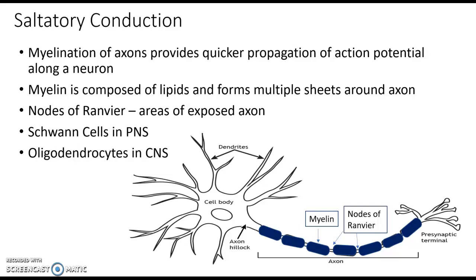It is a very large jump in speed and allows for very quick transmission, even along longer axons, as well as when a nerve impulse has to go through several neurons to get where it's going. It just speeds up that process so that you're able to quickly and efficiently react to a stimulus.